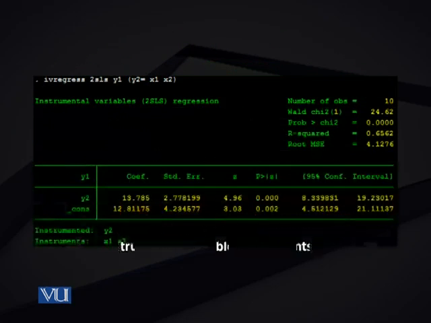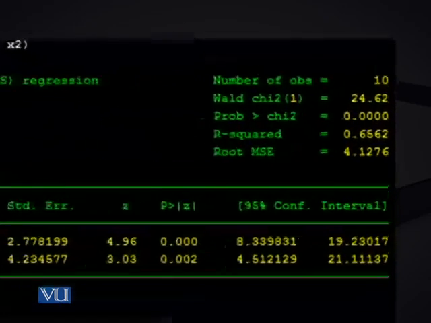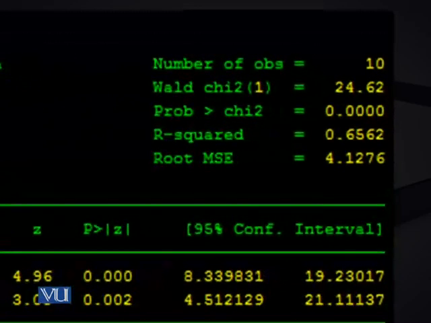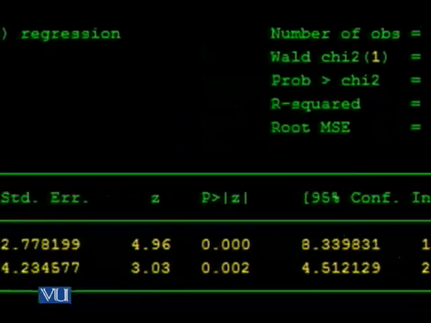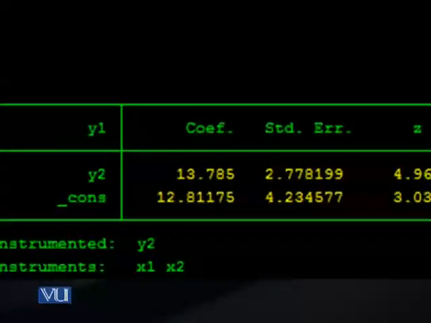Let's see the results you are seeing on the screen: number of observations 10, the Wald chi-square, the probability greater than chi-square 0, which shows the fit, R squared, the usual coefficient of determination, the root mean square error. Now look below, you are seeing Y1, because this was the dependent variable in the actual over-identified equation.